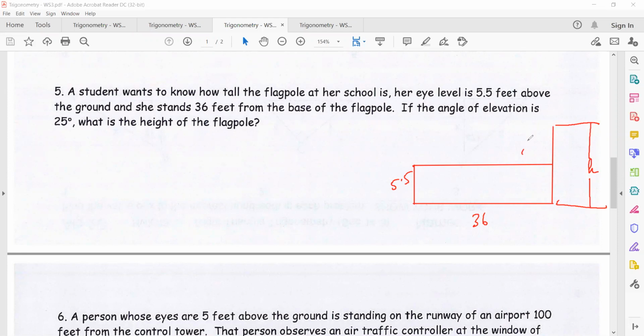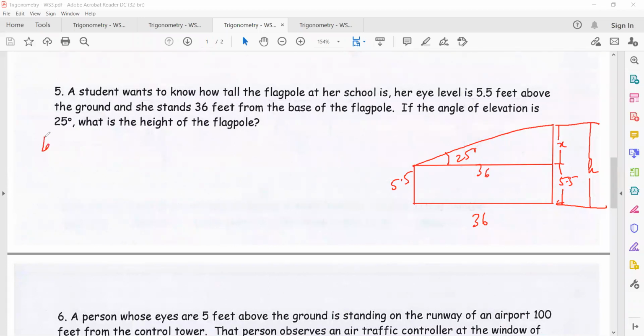Now up to here is 5.5, right? If you can find this height x, then you will add x and this to find h. Now there is a way to find this height. The angle of elevation is 25 degrees, and we know this is 36, so this is also 36. We have the adjacent side and we have to find the opposite side.